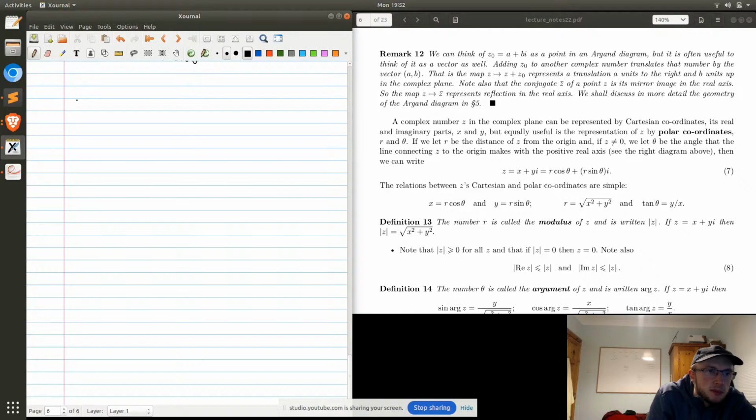So what am I trying to prove? I'm trying to prove that the argument of the product of ZW is the sum of the arguments of Z and W. Okay, so first, let's have Z be R cis alpha, and W, well, I want to use S, but that's going to confuse.